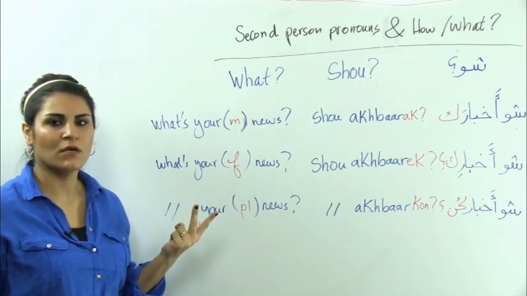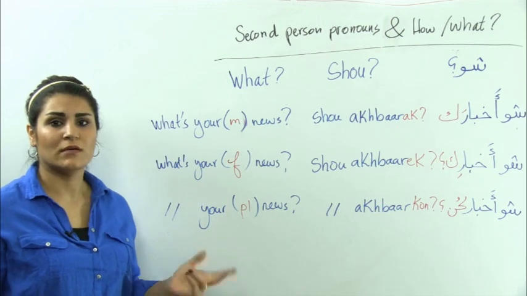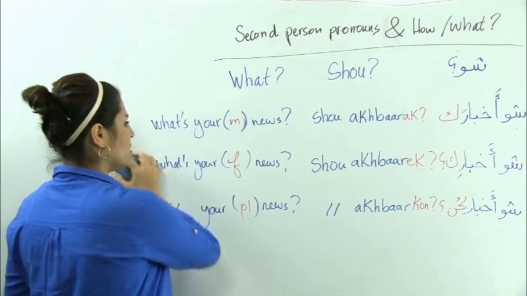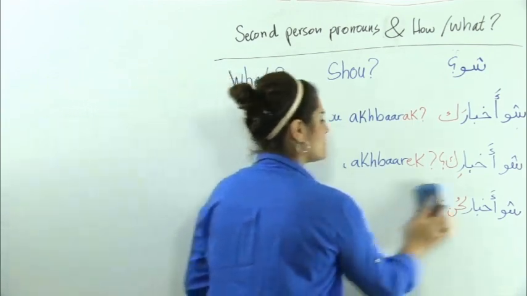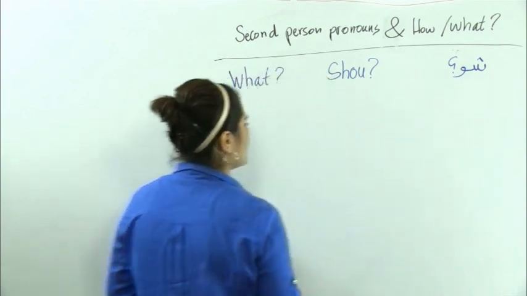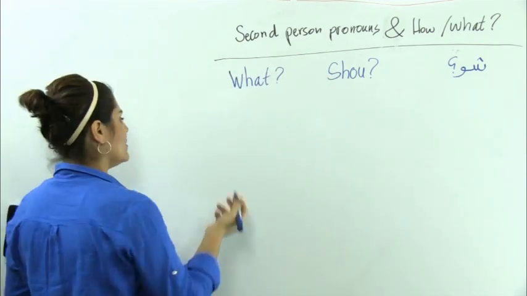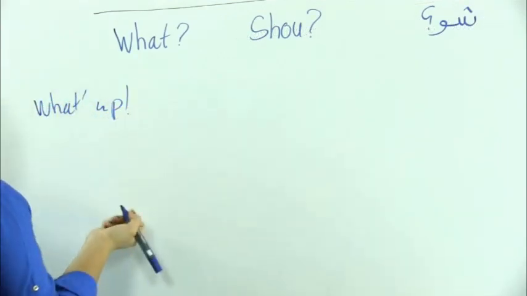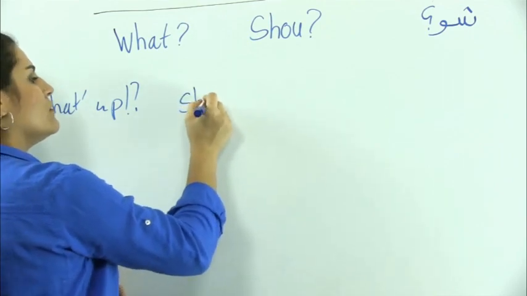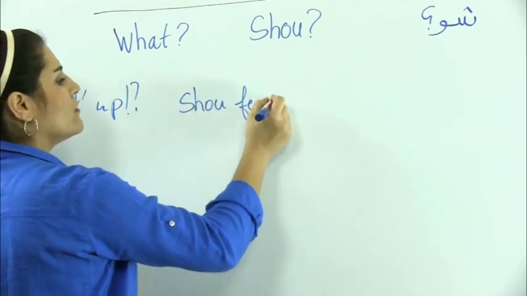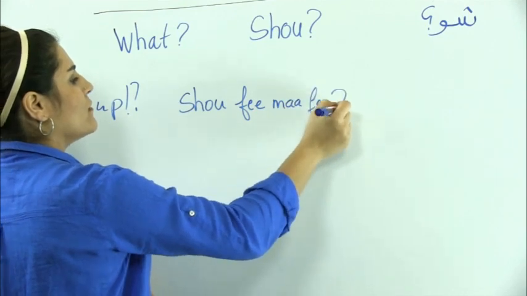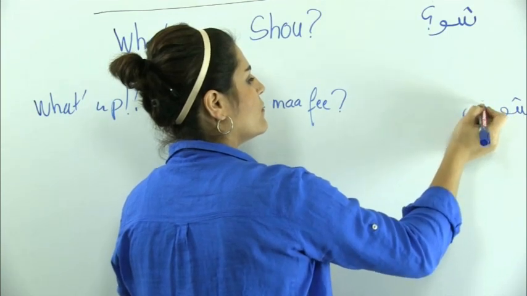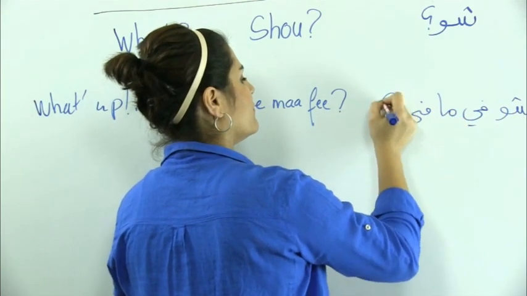The second question you can say, which is a slang expression, is what's up. How to say what's up in Arabic. It's a very cool expression: شو في ما في.